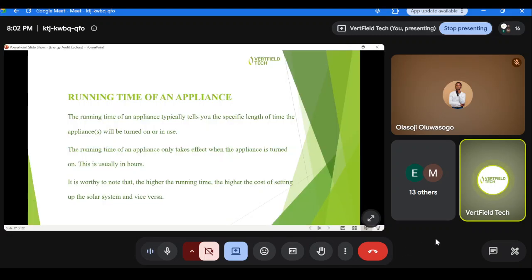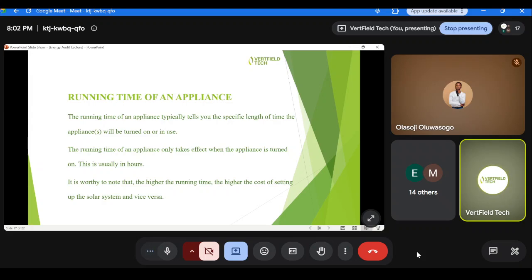So the running time of the appliance tells you the length of time the client intends to power up these appliances. That simply means the running time only takes effect when these appliances are turned on. That is the only time it takes effect.